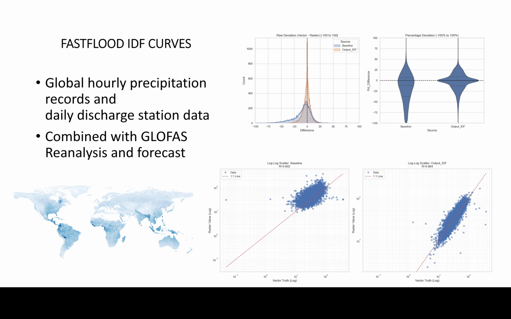Now, there's about 16,000 stations there combined in total, most distributed across Europe, North America, Japan, Australia, and then less but still a sizable amount in Asia, South America, and the least in Africa.